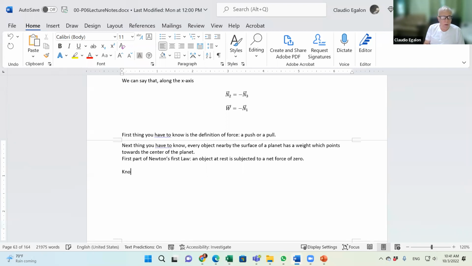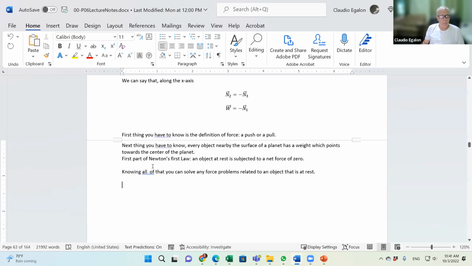Knowing all of that, you can solve any problems related to an object, any force problems, right? Related to an object that is at rest.